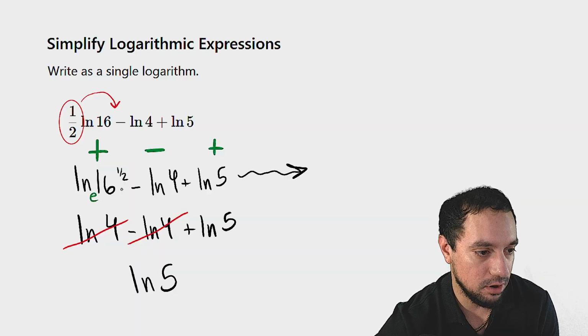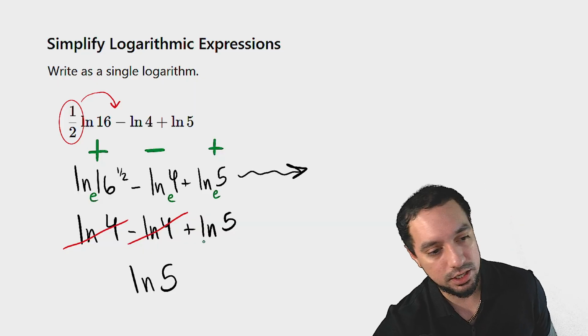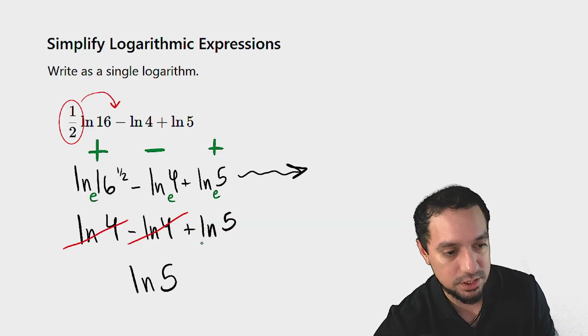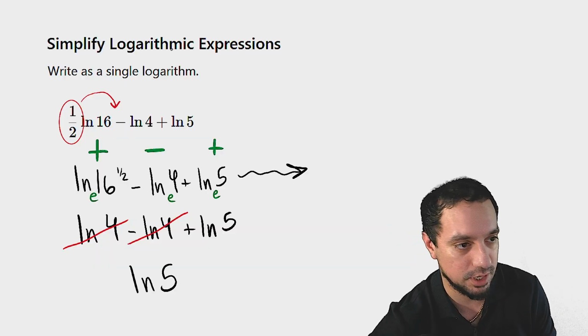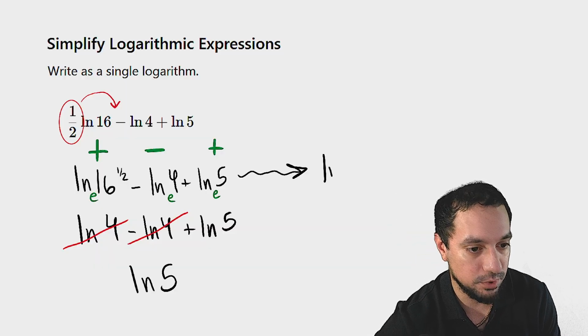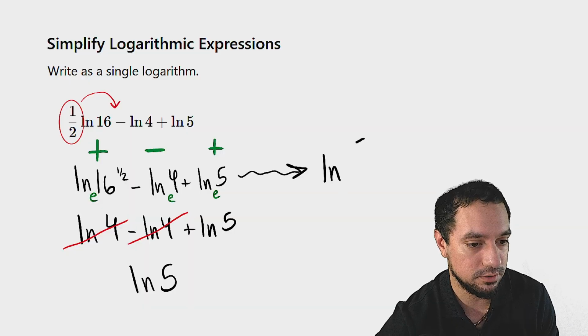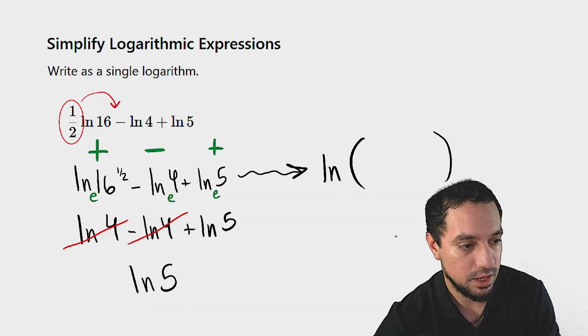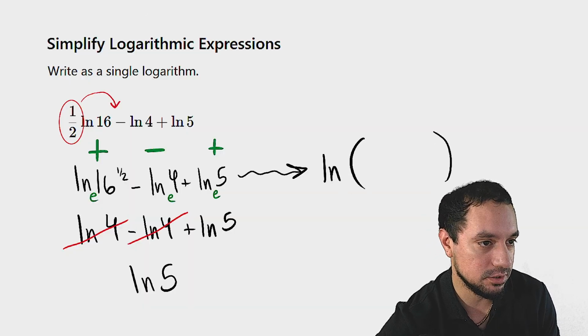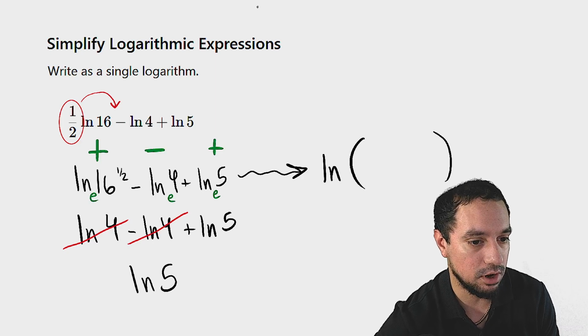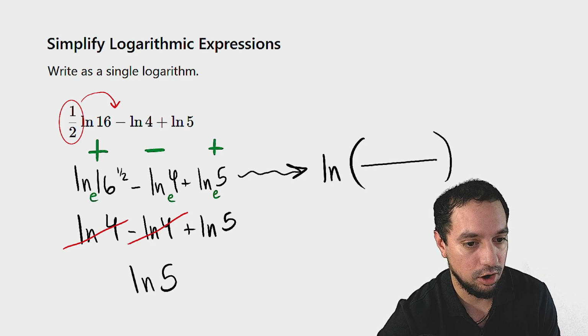Because these are all base e, I can use the product and quotient property of logarithms, which basically lets me put the arguments together. So I'm going to end up with a single logarithm, natural log, big parentheses. All my pluses are going to be on the numerator, and all my minuses are going to be on the denominator.